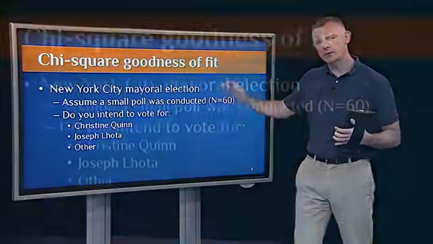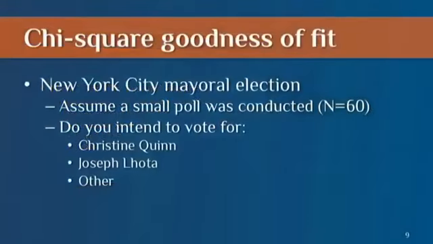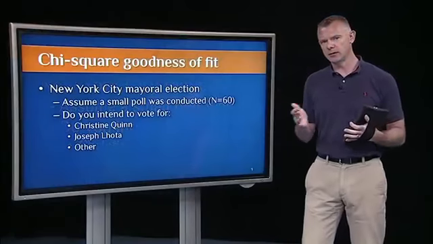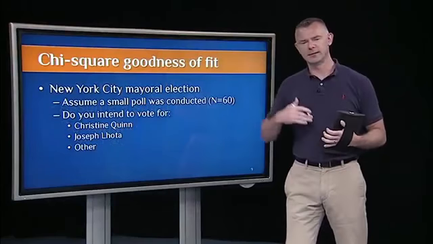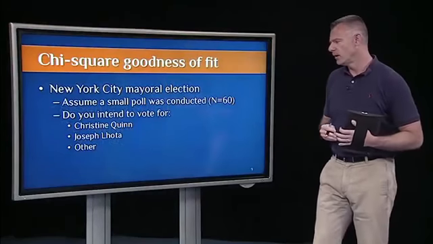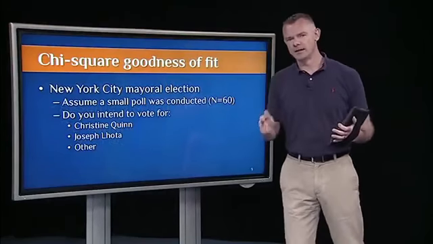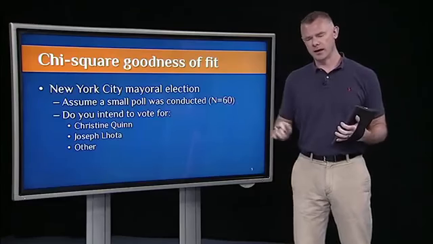Right now, some of the leading candidates are Christine Quinn, who is the overall leader, and Joseph Lhota is another one of the leading candidates. But there are several candidates in the field right now. It's still early. I'm filming this in August. The election doesn't take place until November. So there are lots of other candidates, and I just put in an other category.